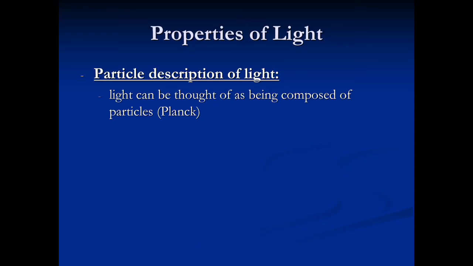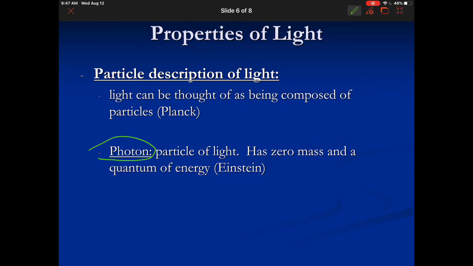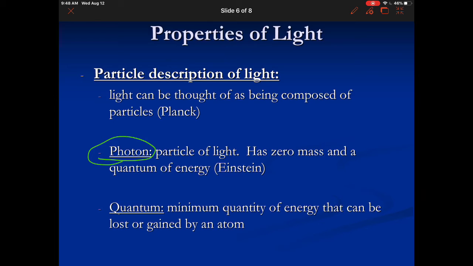Okay, light can also be described as a particle. And Planck discovered the particle nature of light. A photon, discovered by Einstein, is a particle of light. So if you're talking about a particle of light, you call it a photon. It has roughly 0 mass and a quantum of energy. Now, what is quantum? Quantum is the minimum quantity of energy that can be lost or gained by an atom.